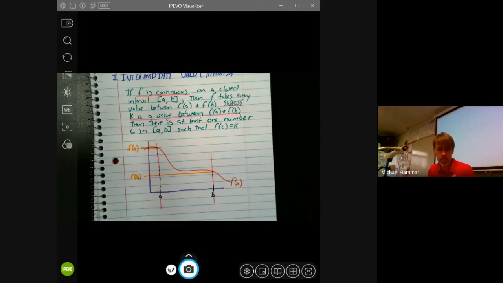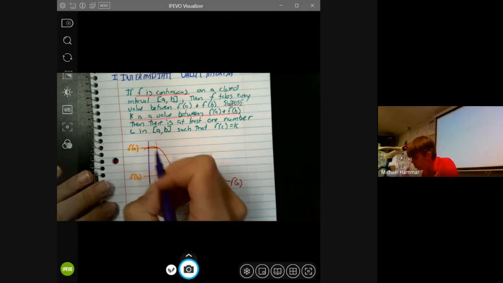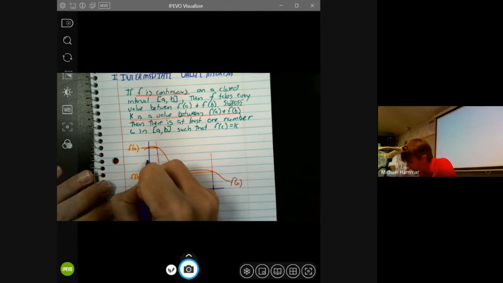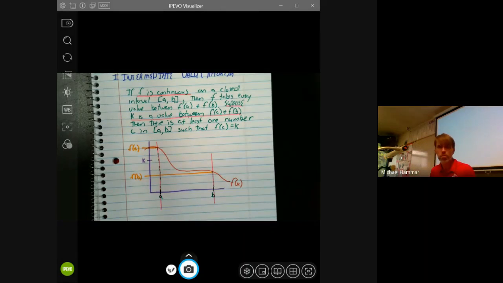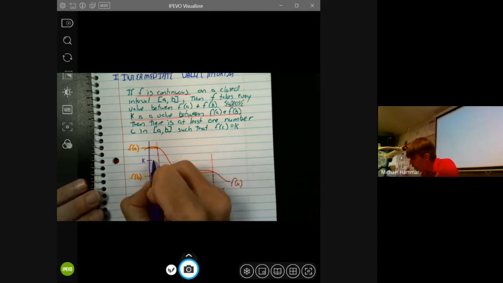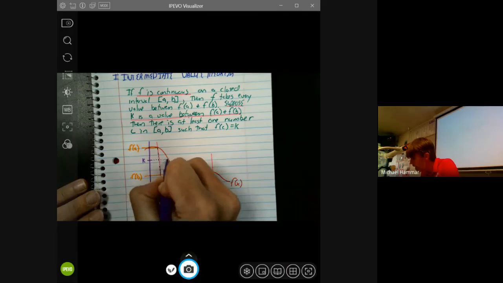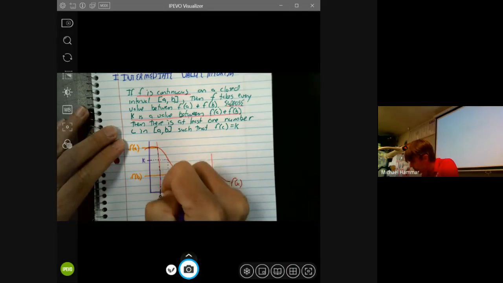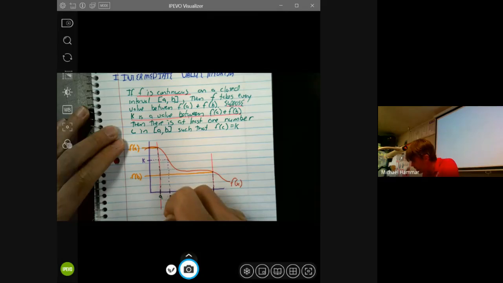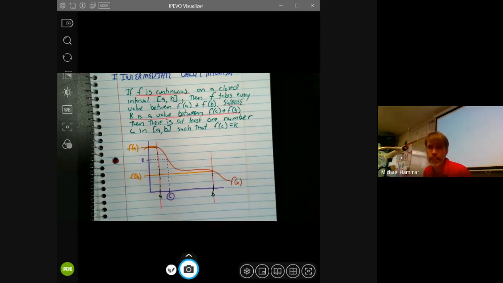So the second part starts adding in this random k. Suppose k is a value between f of a and f of b. So let's say k is any value somewhere between those two. What it is saying is that there should be, down here, some value of c that is between those two places.